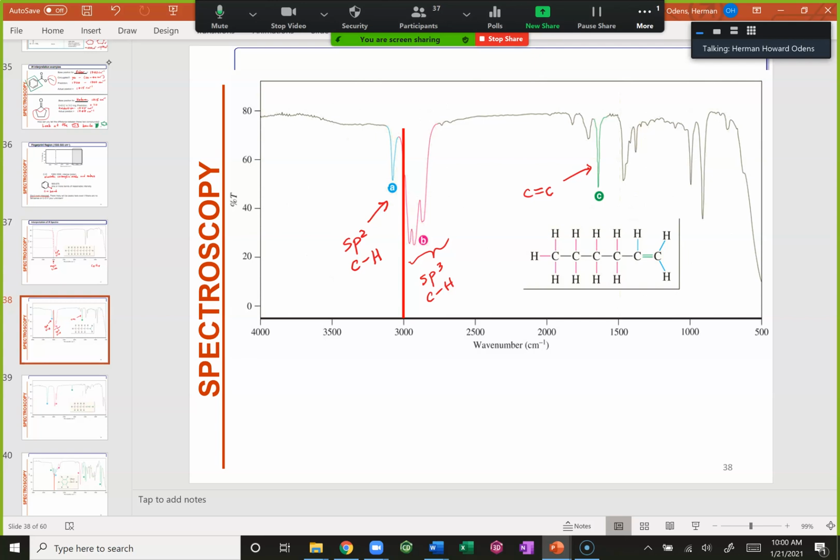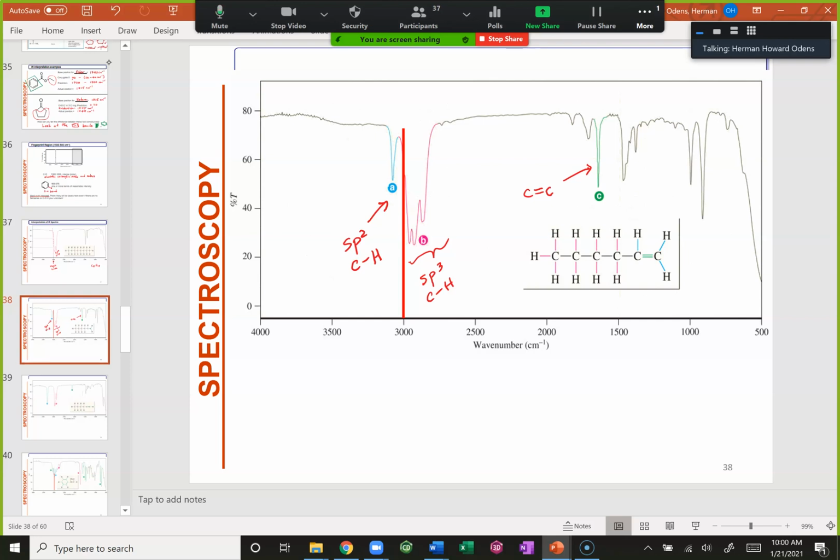This is not aromatic. Here is your fingerprint region. There are 2 peaks there, but we cannot assign those peaks, so we are not going to overinterpret it. This is all we can interpret from this infrared.